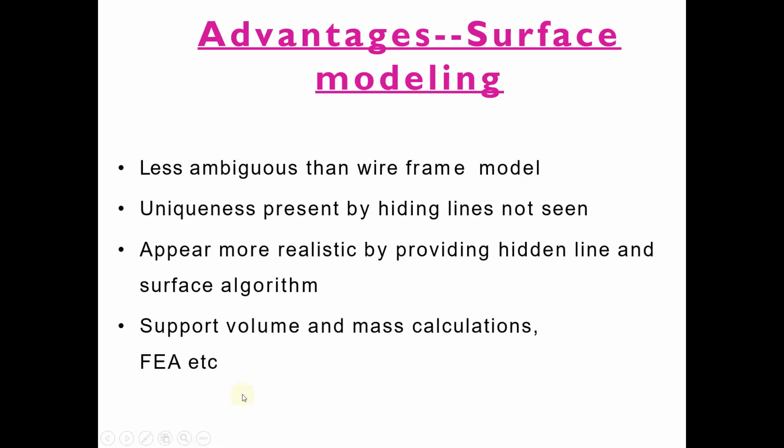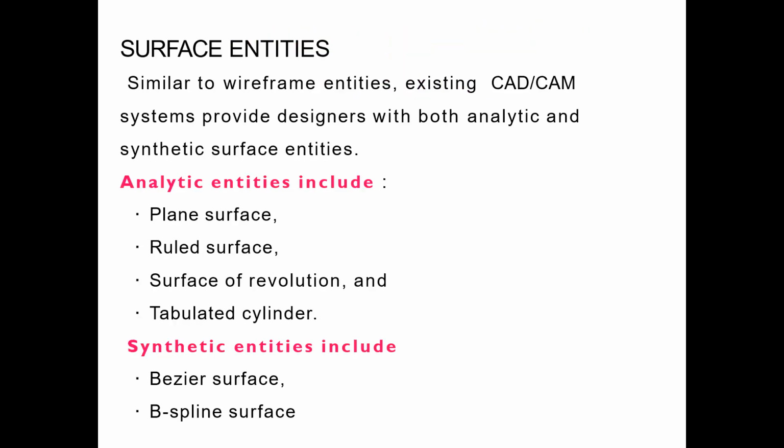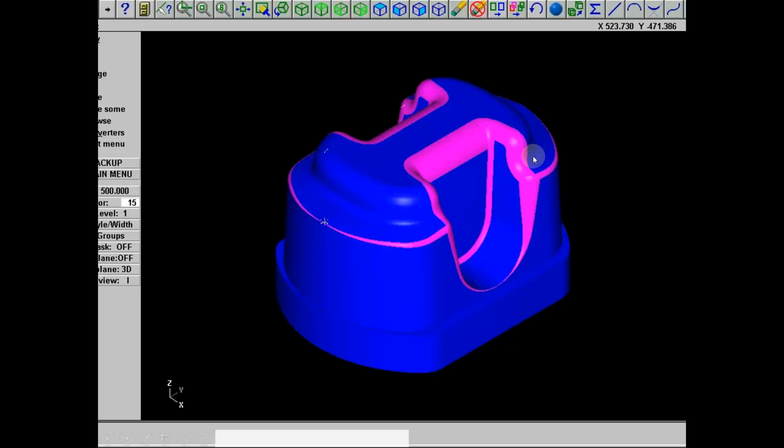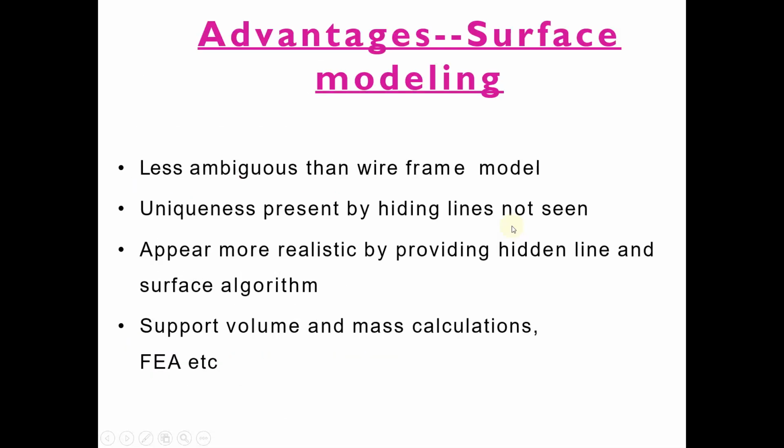Now, what are the advantages of using a surface model? It is less ambiguous, meaning less confusing, than a wireframe model. You can easily identify the shape. But the solid is absent. You do not have the solid, only the surface is present there.